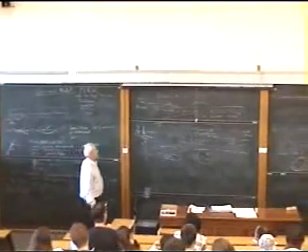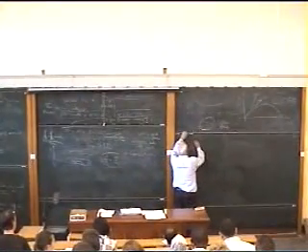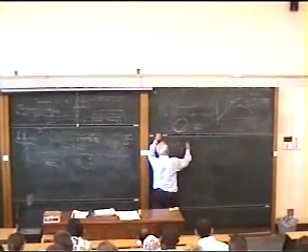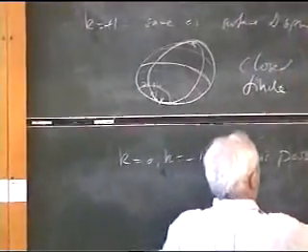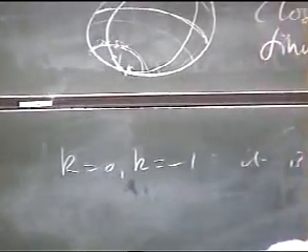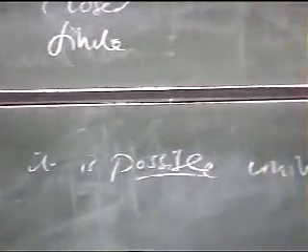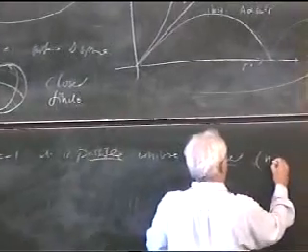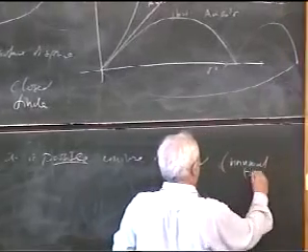But for k is 0 and k is equal to minus 1, it is possible the universe is closed, even, and that it will have an unusual, let's call it an unusual topology.